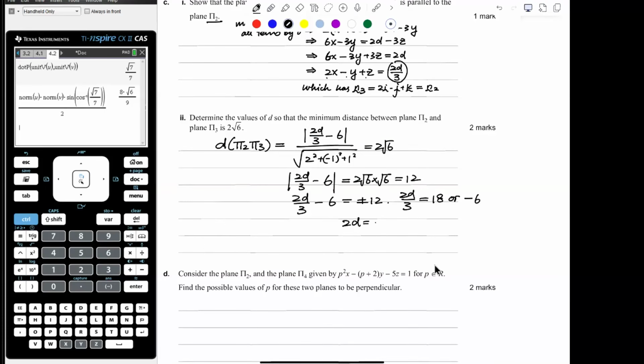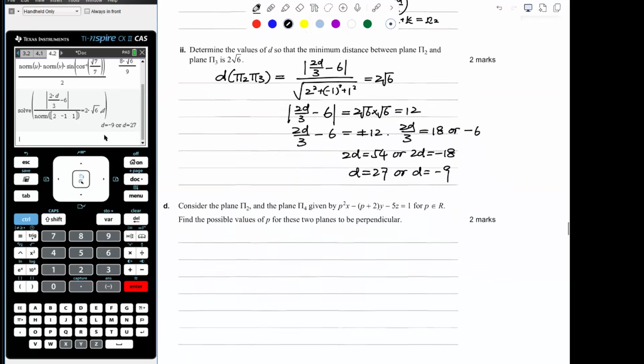Then 2d equals 54, or 2d equals minus 18. Therefore, d equals 27, or d equals minus 9. You can solve that easily by CAS. Yep, these two answers.